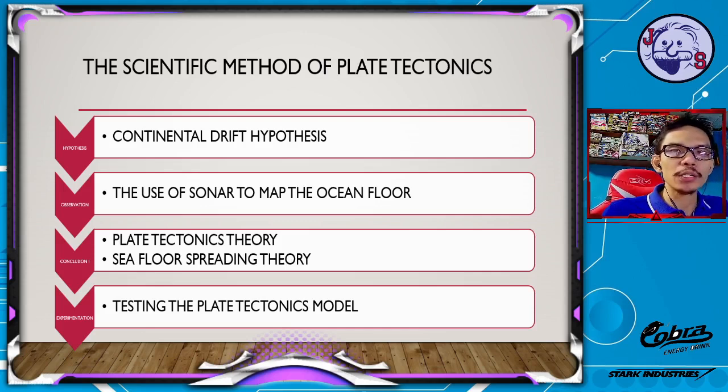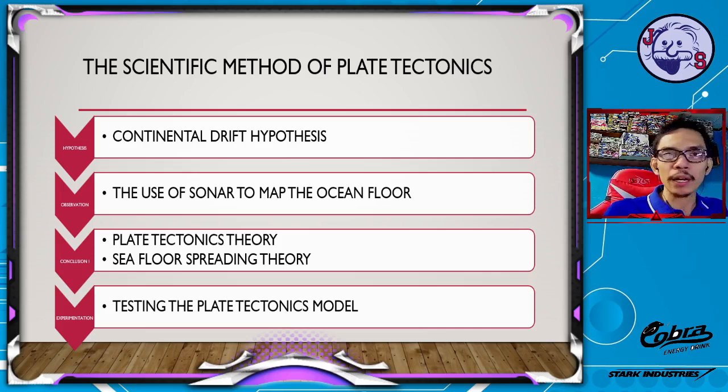Next, after 100 years, some geologists conducted investigations and experiments on this particular idea, and one of those was the use of sonar in mapping the ocean floor. If you remember the video we had last time about Marie Tharp and Heezen, they formulated a map of the ocean floor and correlated the presence of earthquakes, volcanoes, and mountain ranges with the plate boundaries.